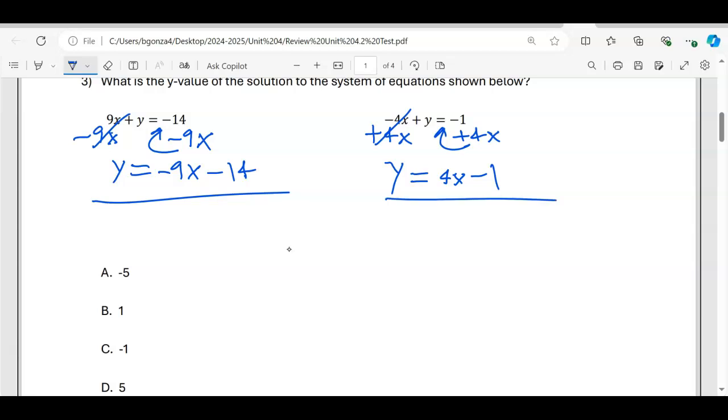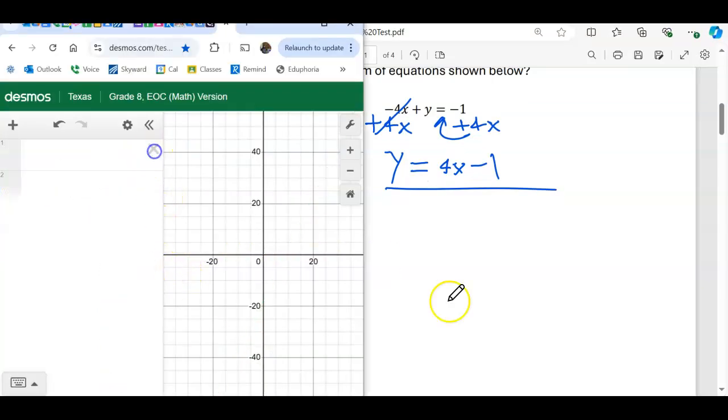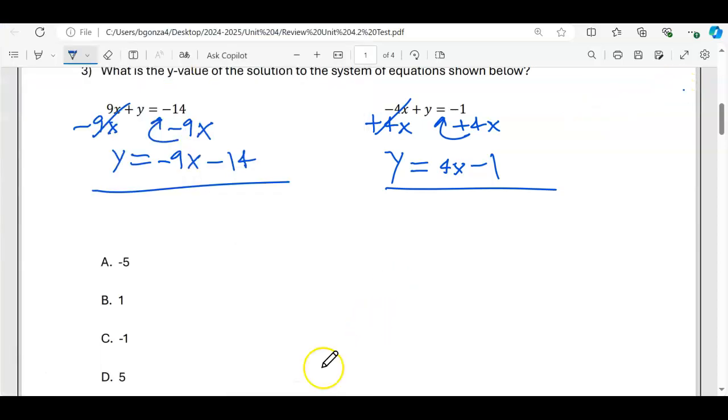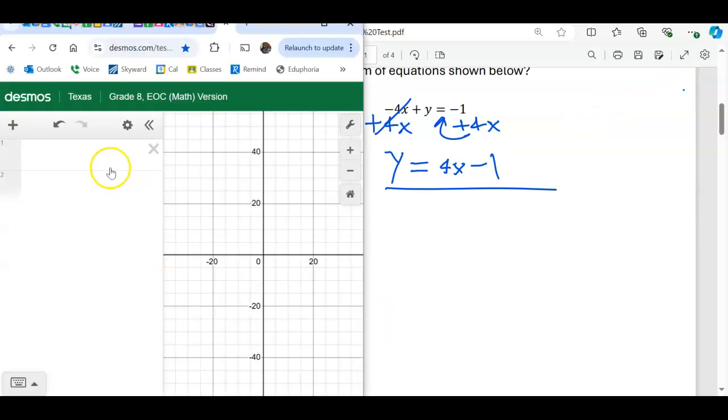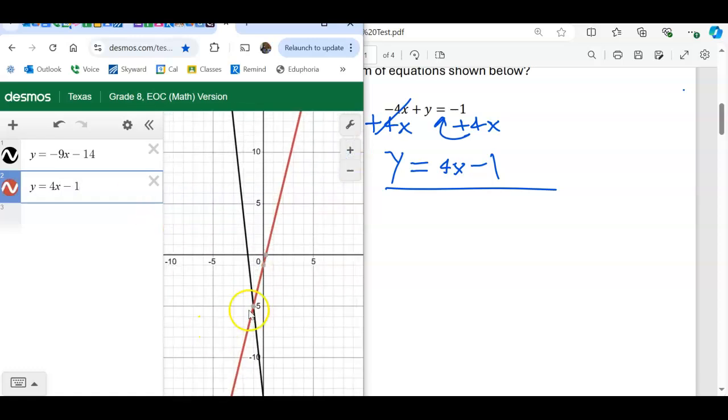Once again, I'm going to graph two equations, find the solution. So we have negative 9x minus 14, and then we have y equals 4x minus 1. And then I can see the solution right here is negative 1, negative 5.